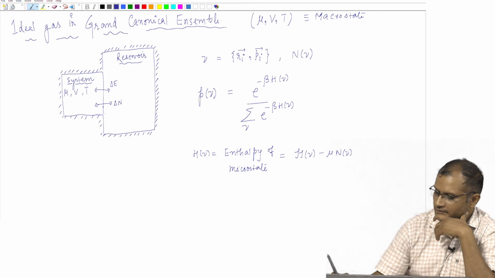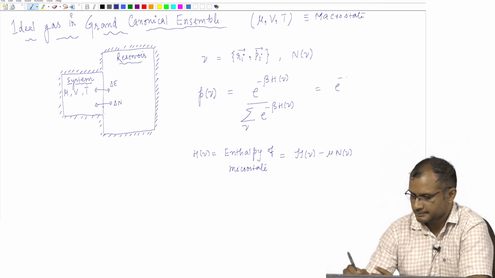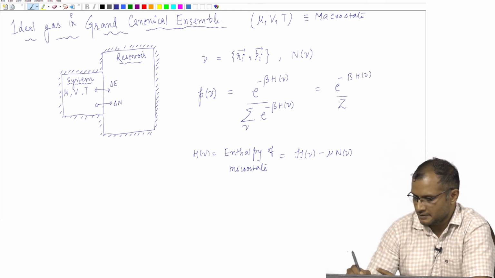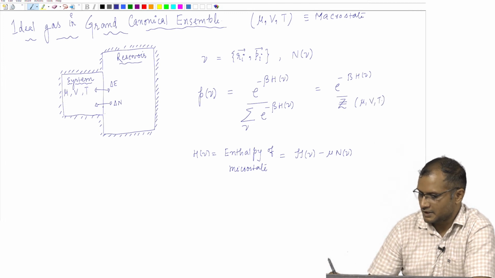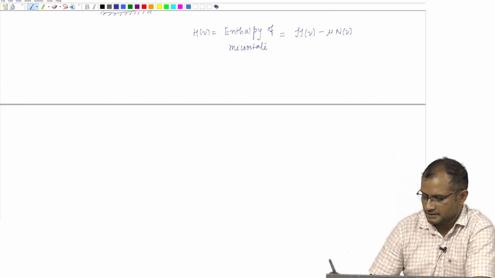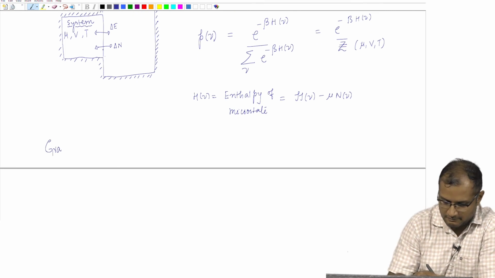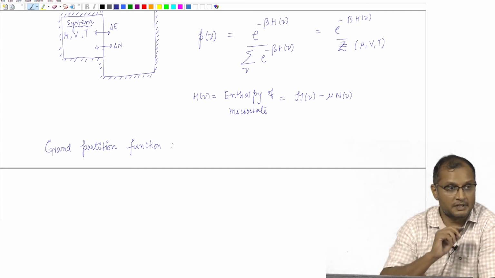So, then one can write down the grand partition function, which was discussed in the class. The grand partition function is the norm of your probability distribution.